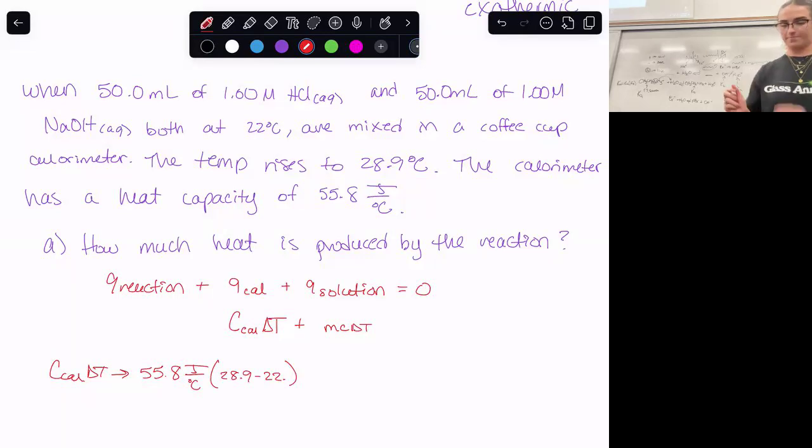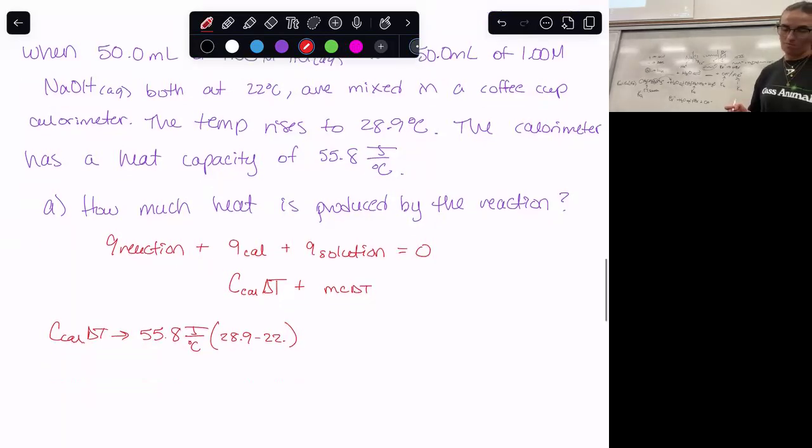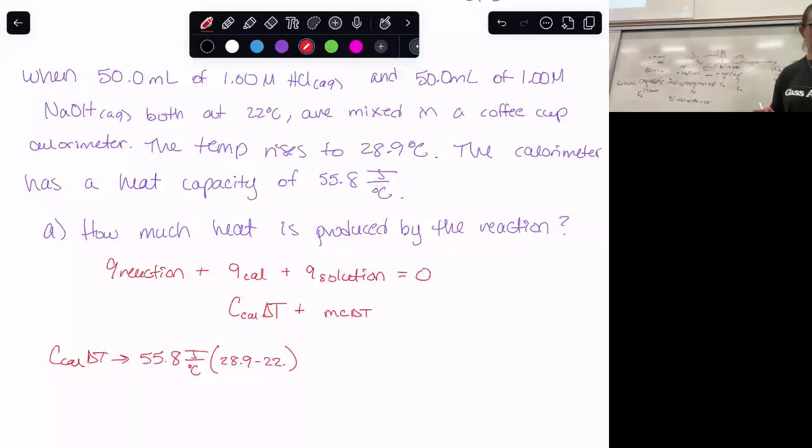Yep. And then what do we need to do about MC delta T given the information we're given from our question? We need to solve for the mass. And how can we solve for the mass?